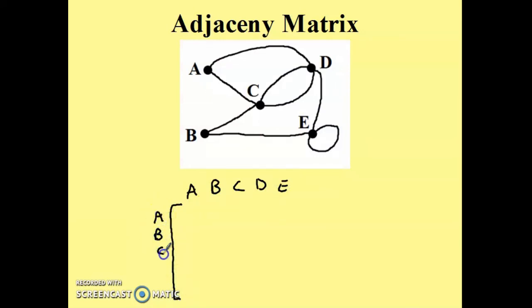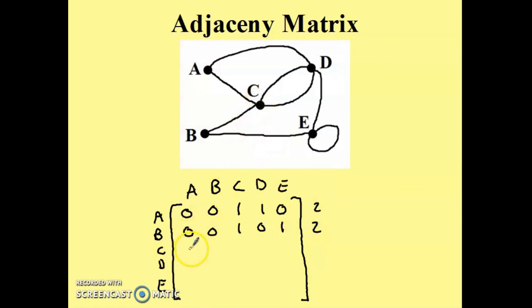A, B, C, D, E. And looking at A, it does not connect to itself, not to B, yes to C, yes to D, not to E, and it has a degree of 2. So B, not to A, not to itself, yes to C, not to D, yes to E, and again, it has 2.